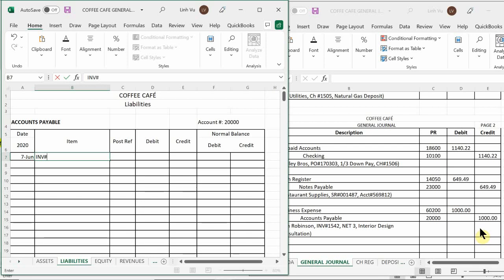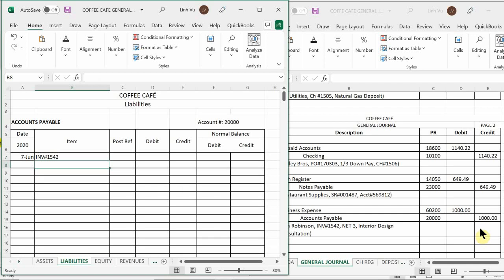So invoice number 1542, and that should pretty much cover everything. Because I can go ahead and look into my subsidiary ledger, look into the invoice number 1542, and be able to recognize that this is from Kim Robinson.